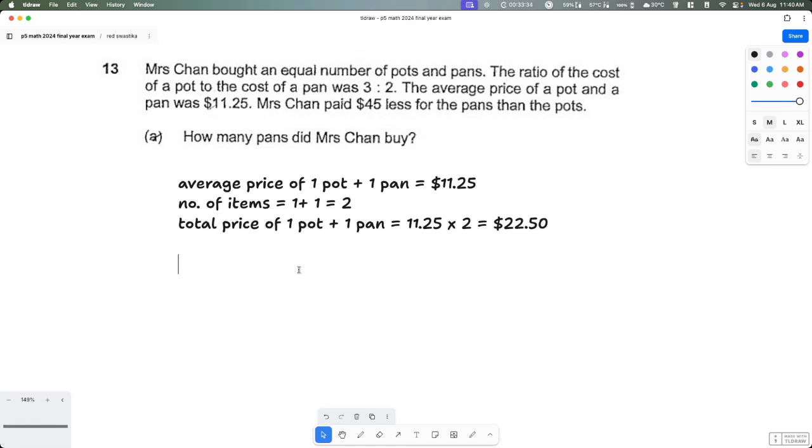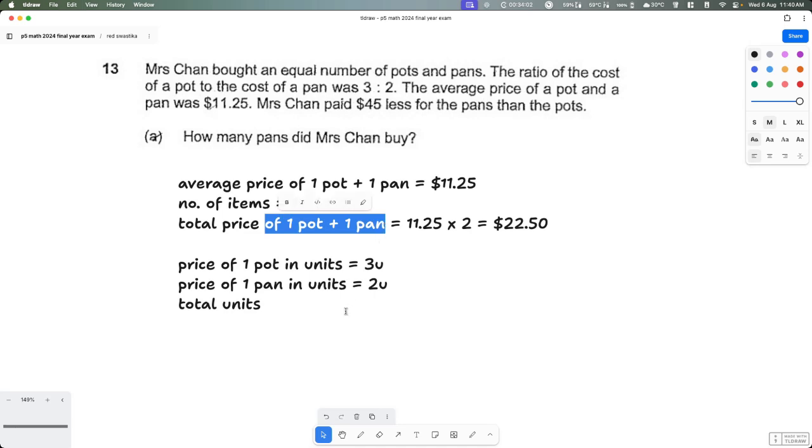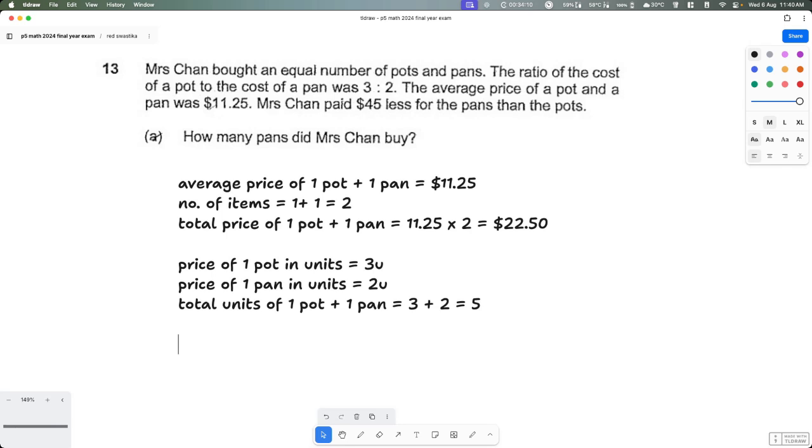Then at the same time, we know that the price of one pot in units is 3 units, and the price of one pan in units is 2 units. So total units of one pot and one pan is equal to 3 plus 2, which is 5 units.